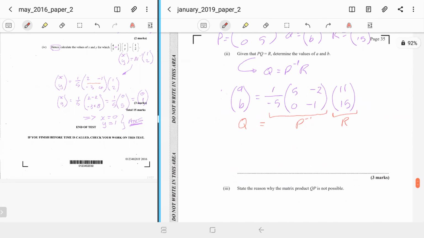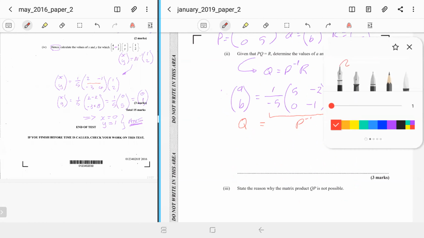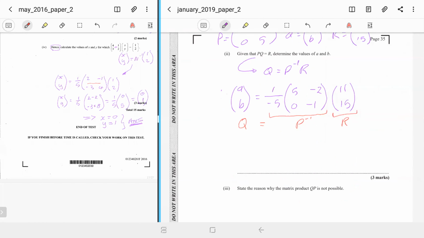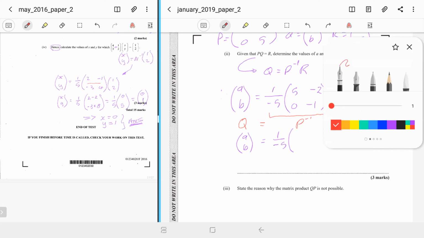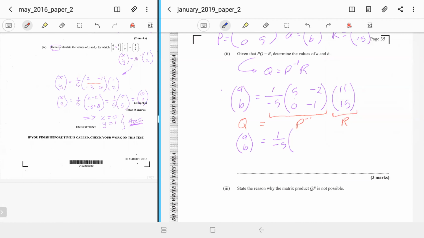I'm trying to write big so you can all see what I'm doing. So AB becomes equal to 1 over -5. Leave that for last. And I'm going to multiply this matrix times this matrix now. Remember, you're using the rows of the first matrix times 1 column.